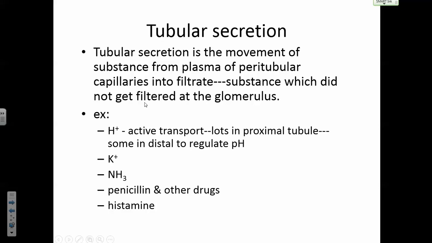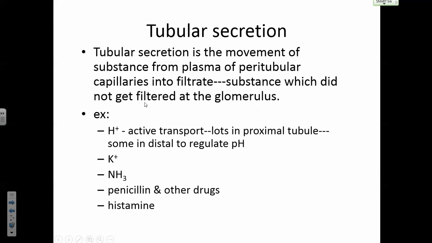Because always when filtration occurs, there's going to be some things that don't get filtered that you need to. Because filtration is just let's move it across, but not everything moves across because the blood is continually moving from the afferent arteriole to the glomerulus into the efferent arteriole. So some of the things don't get filtered that you need to get rid of.